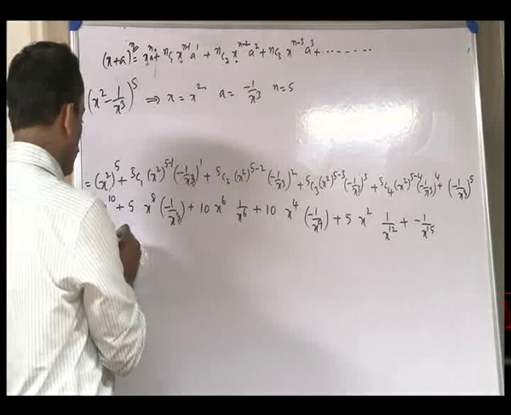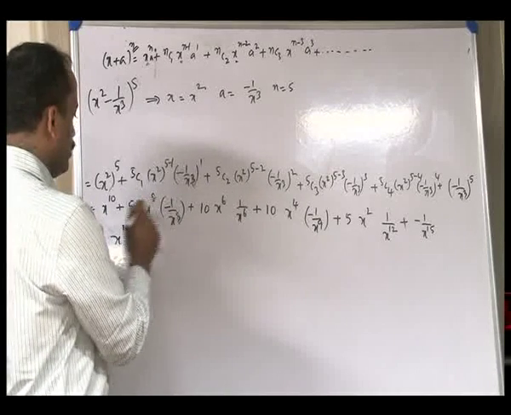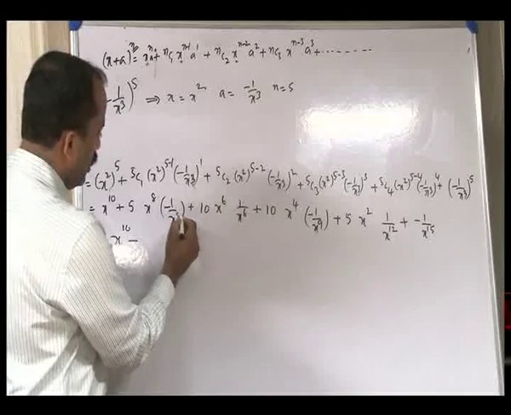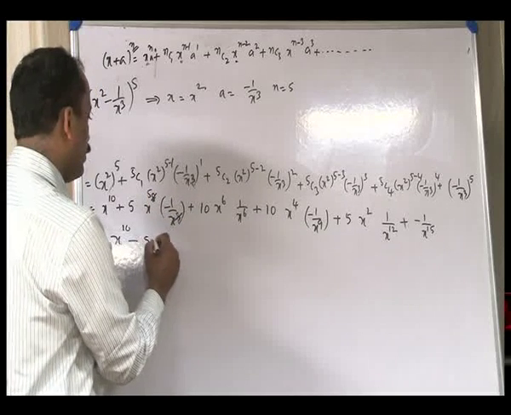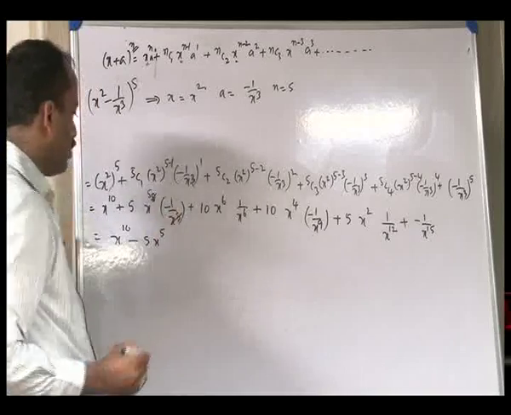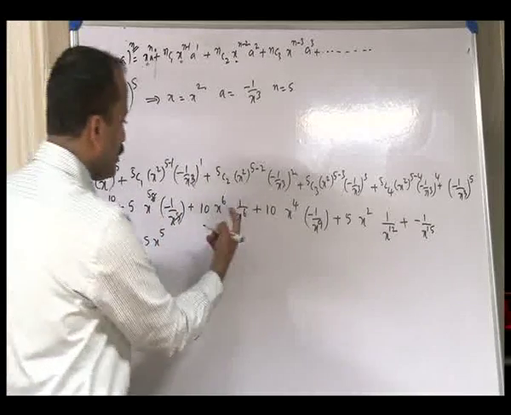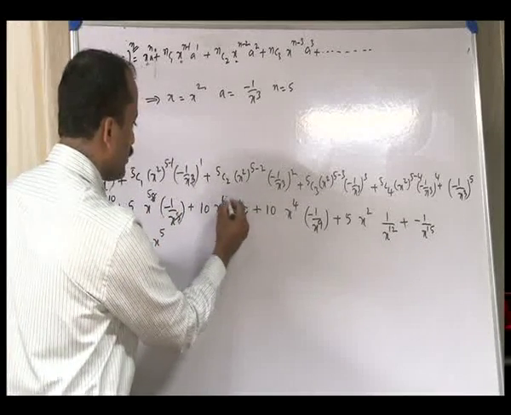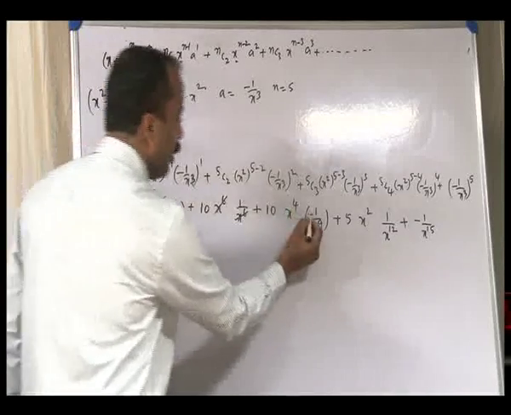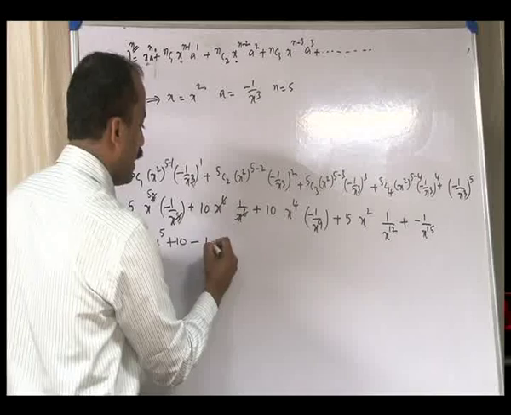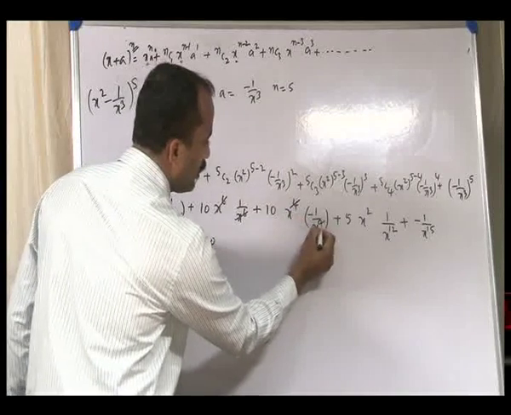So, it becomes x to the power of 10, plus into minus is minus, and x cube cancels, finally it becomes 5x to the power of 5 minus 5x to the power of 5. See here, x to the power of 6 cancels, plus 10, minus into plus is minus 10 into x to the power of 4 over x to the power of 9.